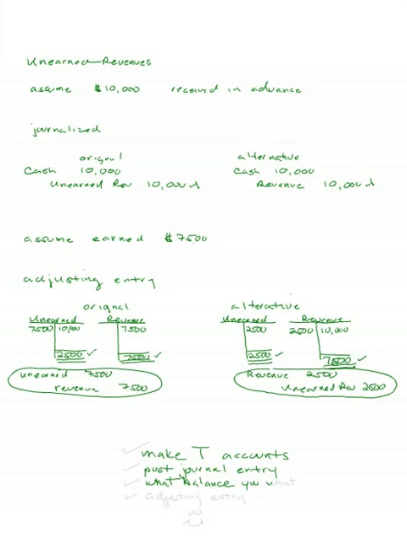And then make the journal entry that makes it happen. The adjusting journal entry. So you make a T account, you post the original entry, you show what balance you want, either in the revenue account or in the unearned account, and make the adjusting entry to make it happen.